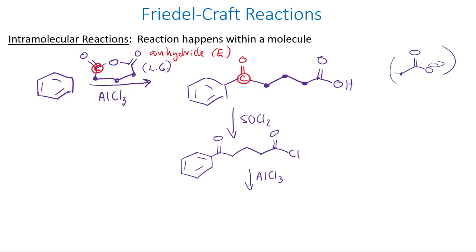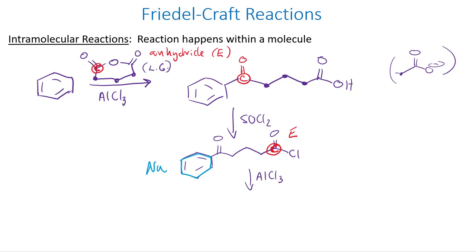So what we would again look at is the carbonyl from our acid chloride as our electrophilic center. The ring itself, again, is going to play the role of the nucleophile. And we have a question of regiochemistry here.